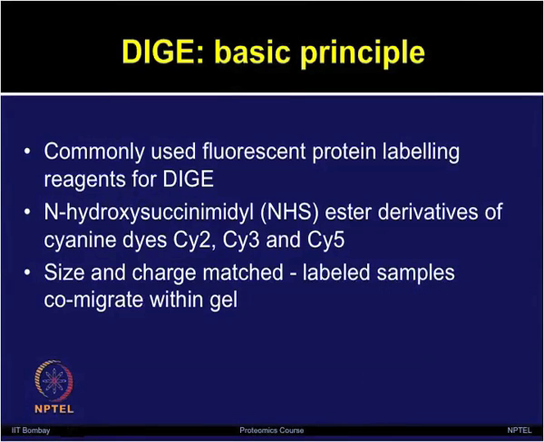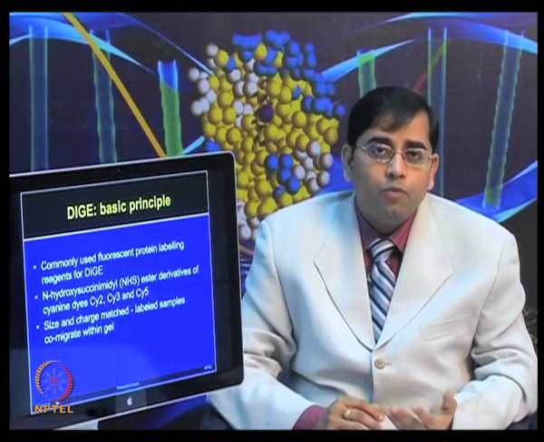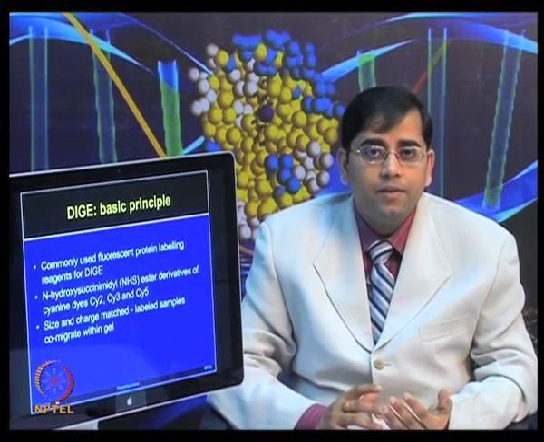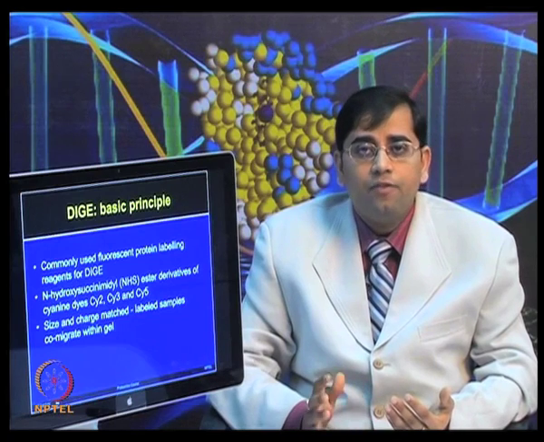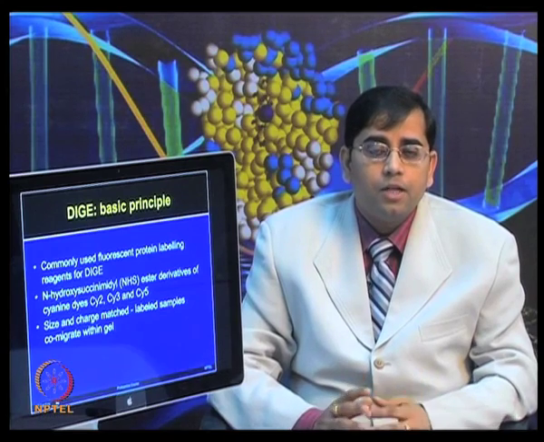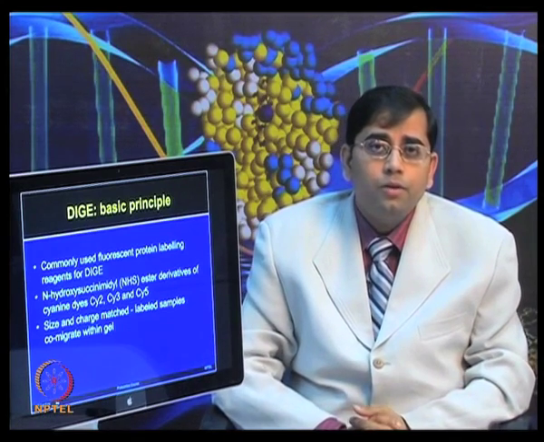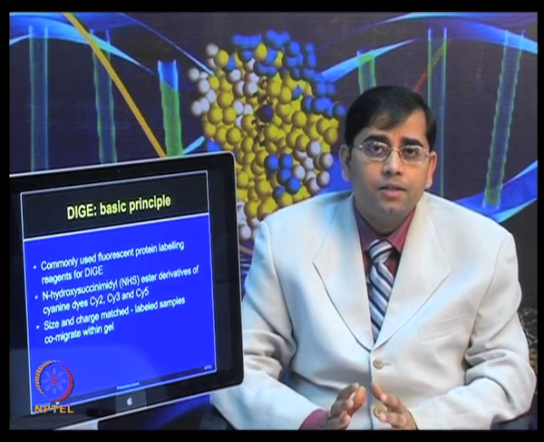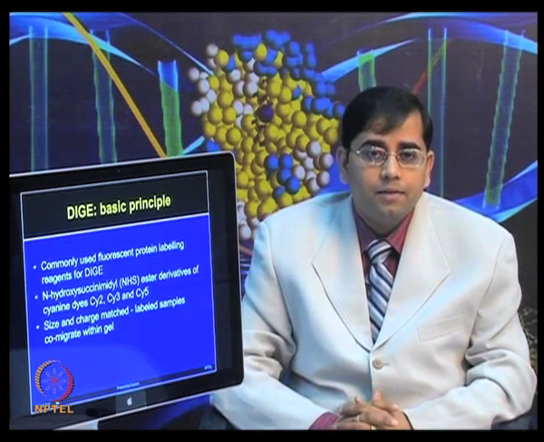One should always try to do the dye swapping, so that there is no dye bias. So, if in one sample you are adding Cy3 in control and Cy5 in treatment, in the other sample you should do the vice versa. The Cy2 remains consistent for the internal standard.